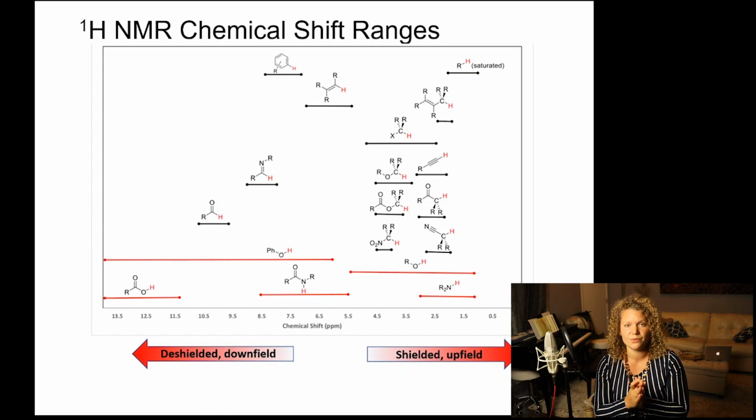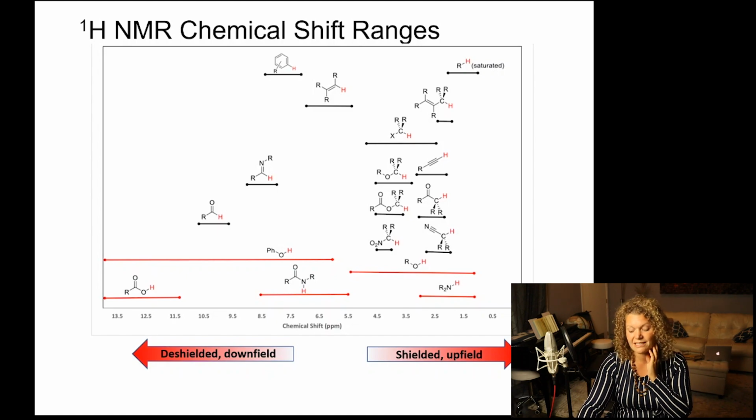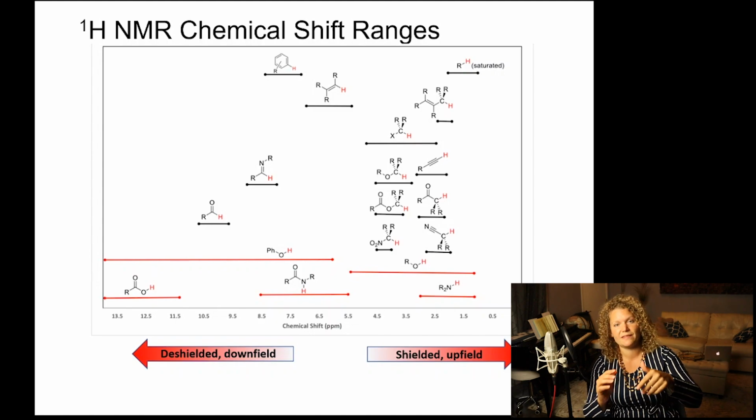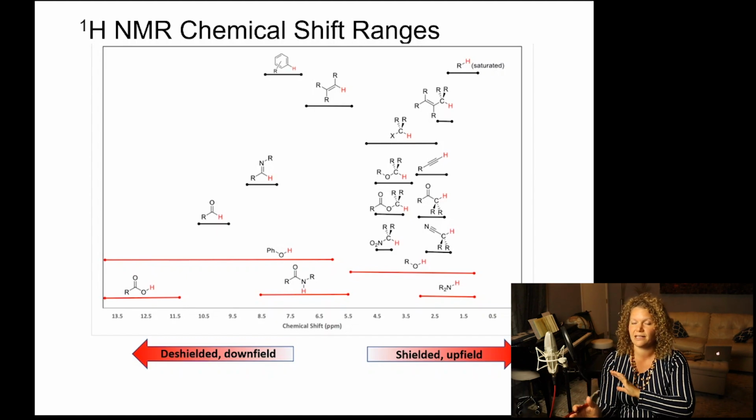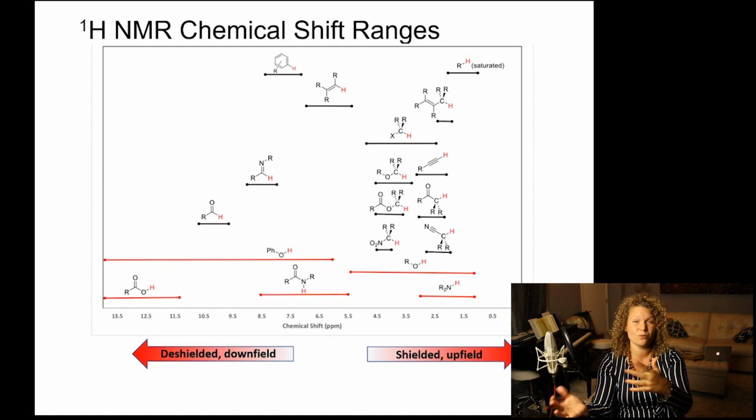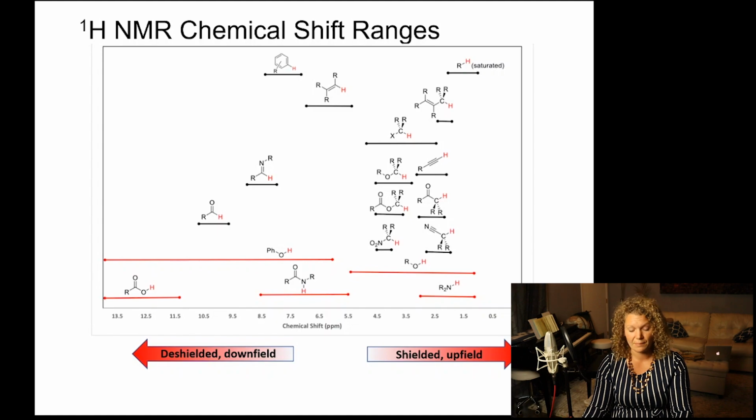Here I'm showing you a table from your appendix that you'll be using for all of your exams. This is the same table that's also in the appendix for your Chem 344 class. Some of you are taking that class as well, and most of you will be taking that maybe next semester. I like to use the same one to make it easier on you.